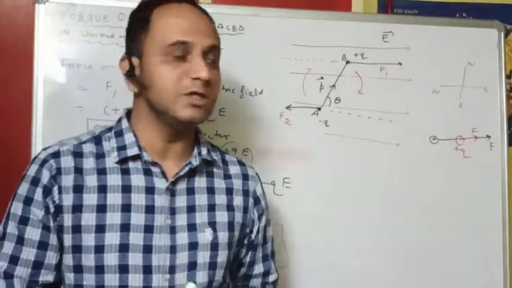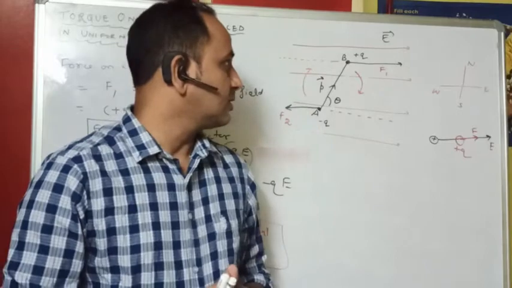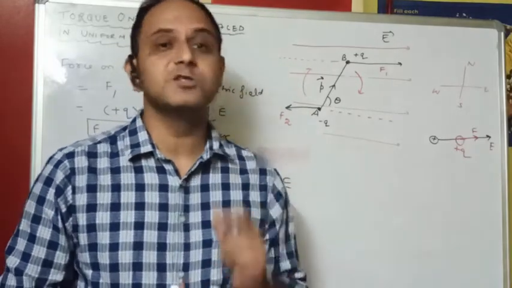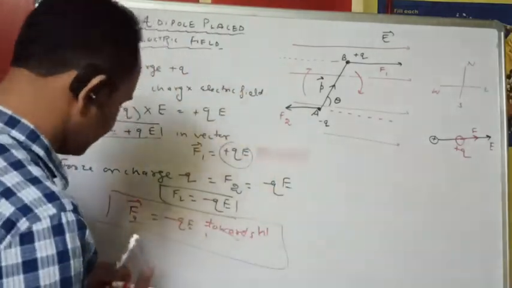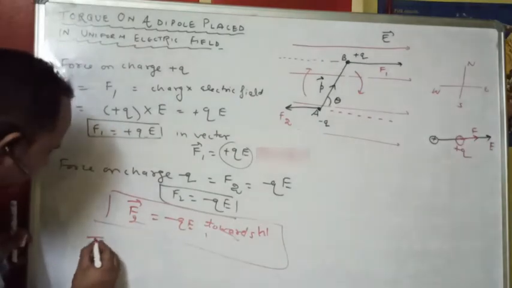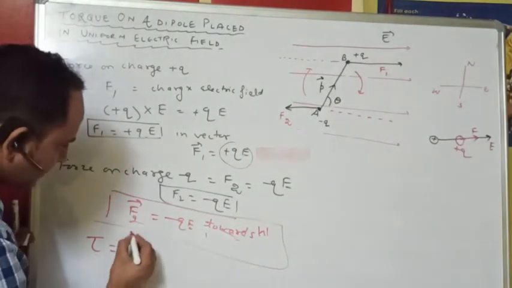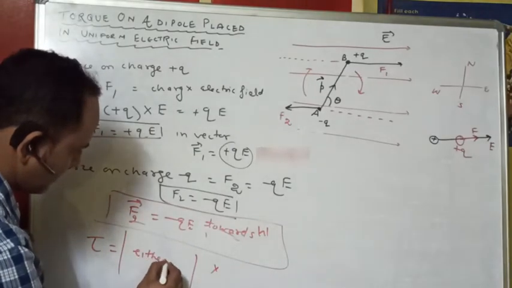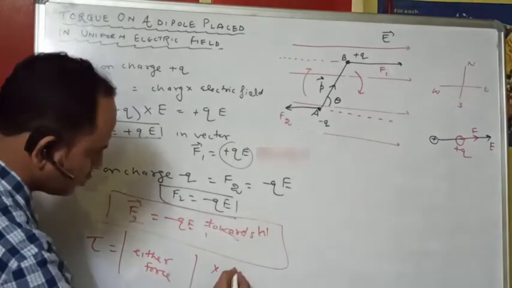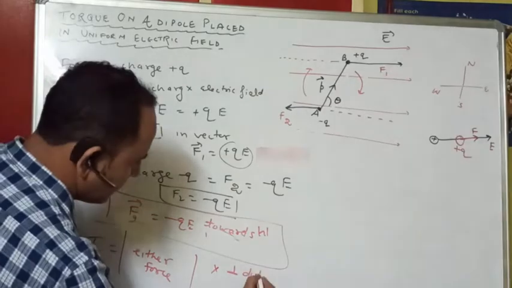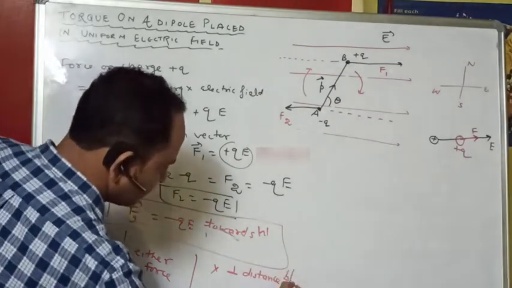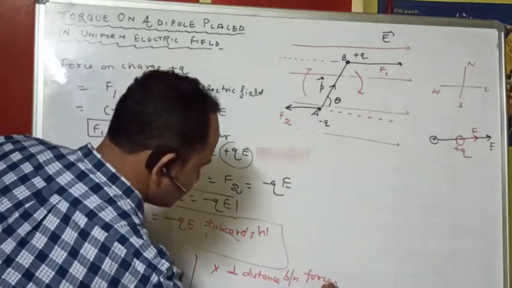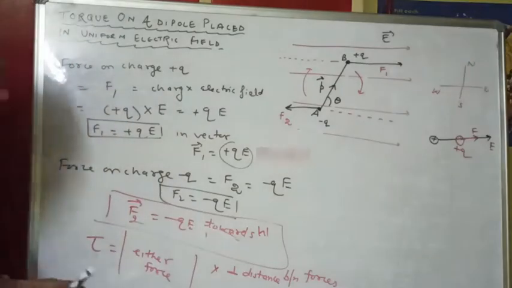So torque is produced. I know that torque is the product of the magnitude of either force and the perpendicular distance between the forces. Okay, students.